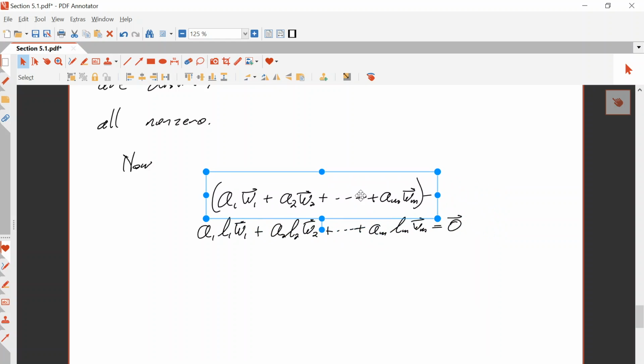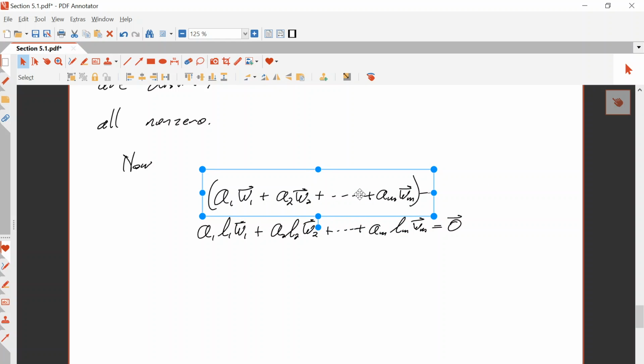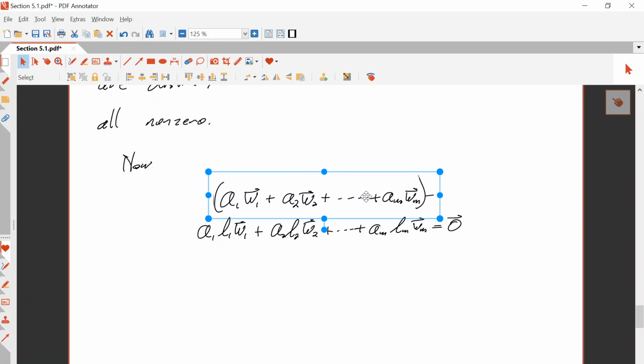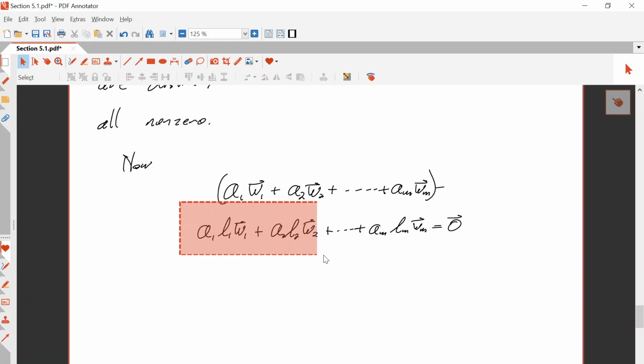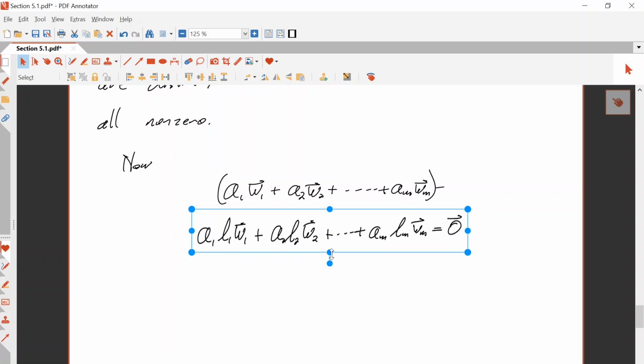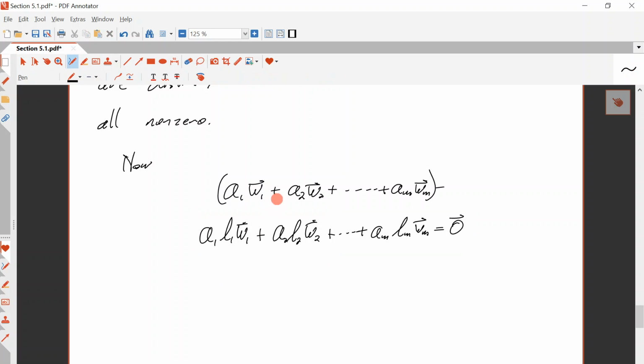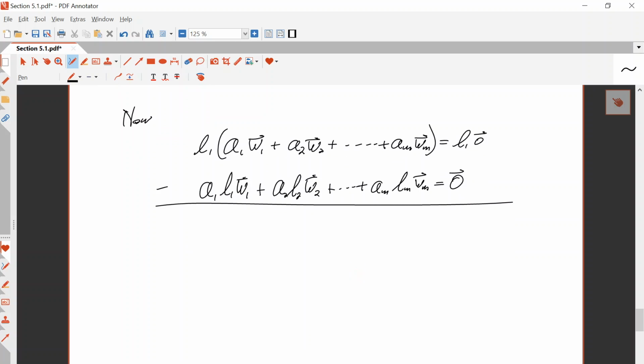So I'm going to take this linear combination, which is equal to 0. Let me stretch this a little bit. Perfect. Take this one and multiply by L1. But this guy was equal to 0, so that's just L1 times 0. And I'm going to take those things and subtract those two guys.